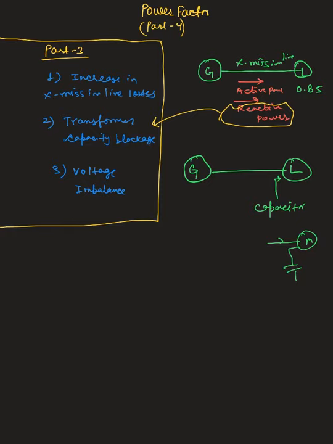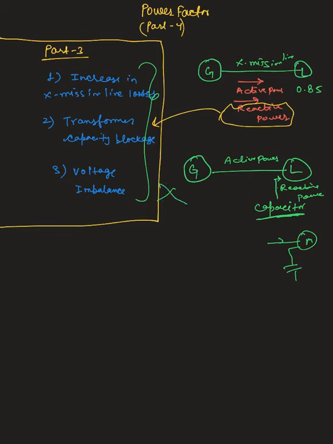So this capacitor will feed the reactive power required, and from the grid this load will only require active power. Now if there is no flow of reactive power in the transmission line, because whatever reactive power is required by the load is fed by the capacitor located near the load, then all these problems will no longer be there.